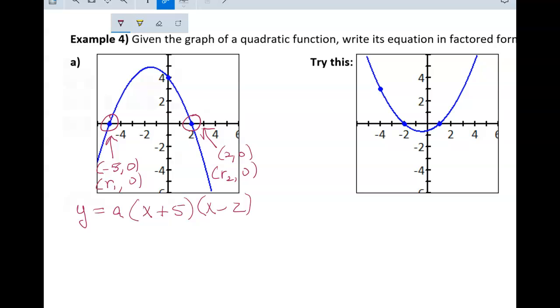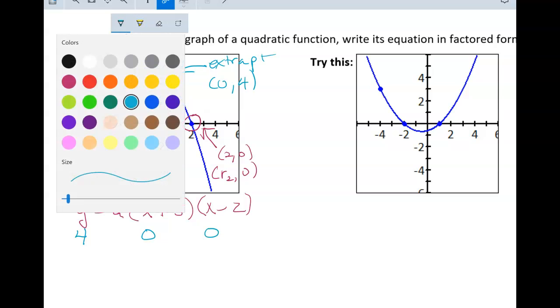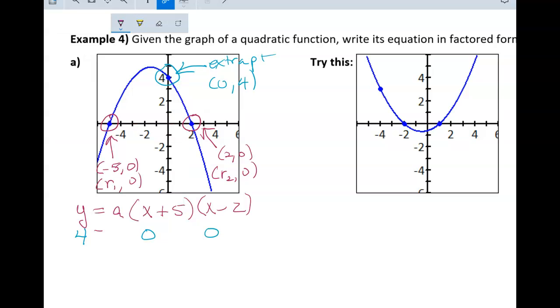Now, just like we did when we had the vertex form, we're going to take our extra point, which is the point 0, 4. That's going to help us find the value of a. So plug in 4 for y and 0 for the x values. And we have 4 equals a times 0 plus 5 times 0 minus 2.